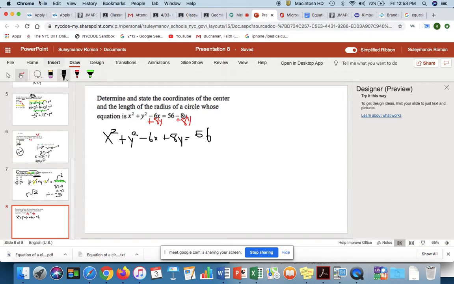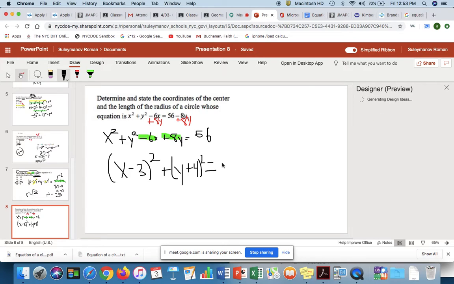So from here, I'm going to highlight the two things we need to look at. We need to look at minus 6x and positive 8y. So I'm going to factor x, divide 6 by 2 to get minus 3 squared, plus y, divide by 8 to get plus 4 squared. And whatever you do to one side, you have to do to the other.